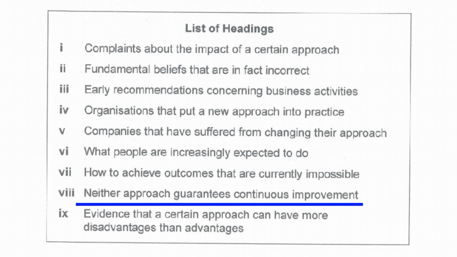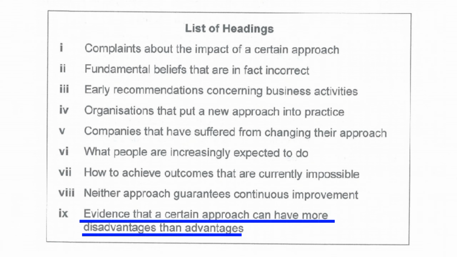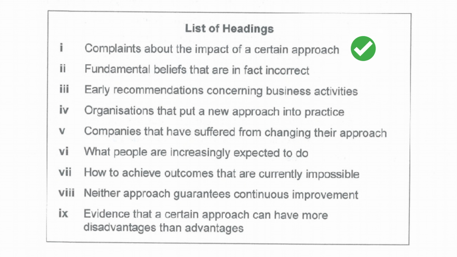Neither approach guarantees continuous improvement. Now, in order for neither to appear here, at least two approaches must be discussed. But only one approach is discussed in this paragraph, so it won't be the answer. Evidence that a certain approach can have more disadvantages than advantages. Disadvantages are discussed, but advantages are not. So the only option valid here is number 1.